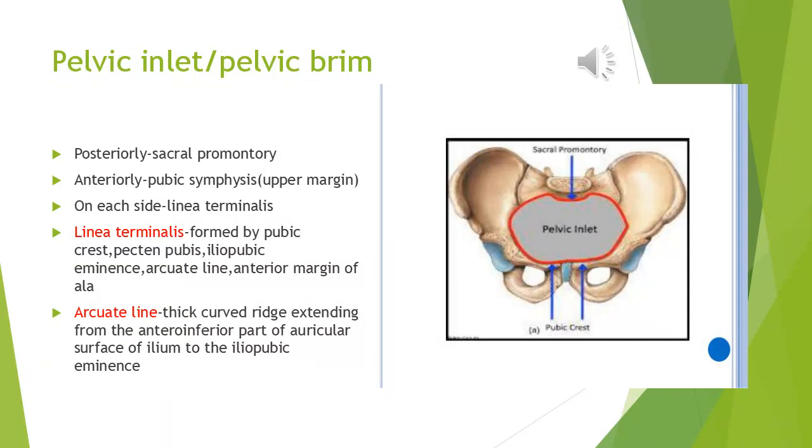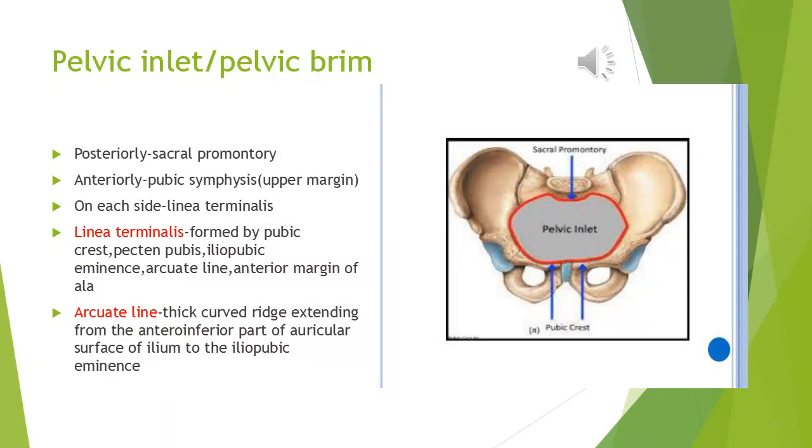And what is this arcuate line? It is the thick curved ridge seen on the anteroinferior aspect of the auricular surface of the ilium. From there up to the iliopubic eminence, that is the arcuate line.